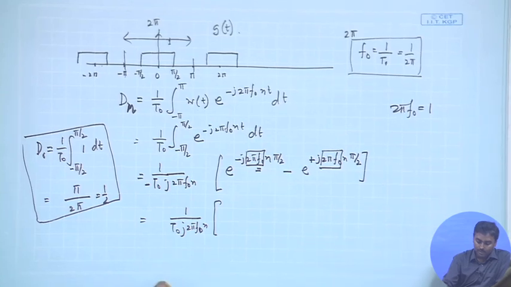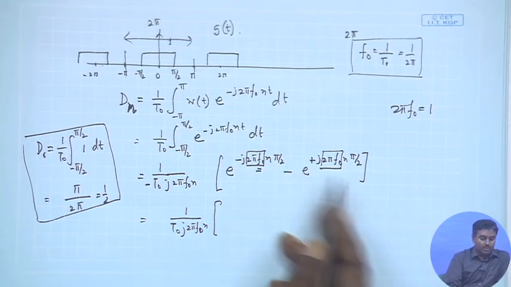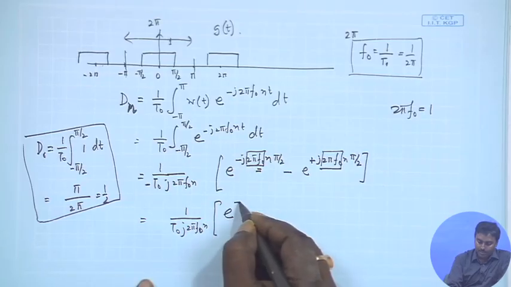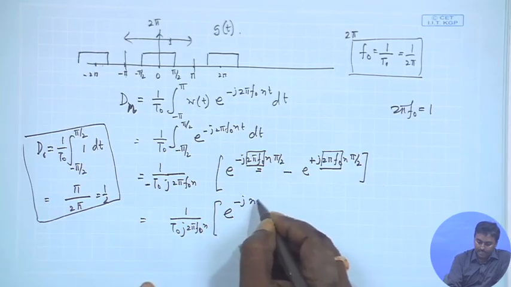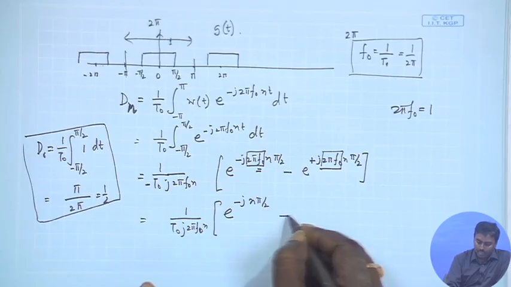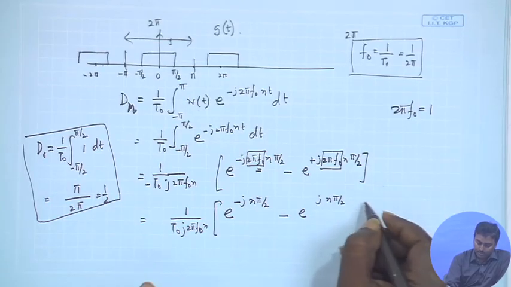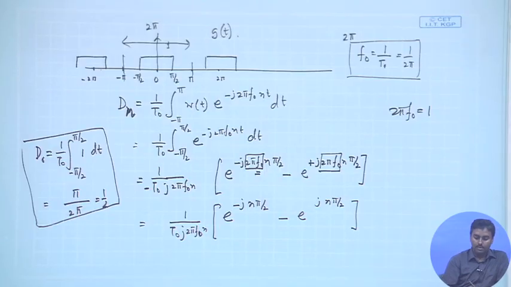Okay, this one. So how much do we get? It is e to the power minus j n pi by 2 minus e to the power j n pi by 2, right. This is fine. Okay.